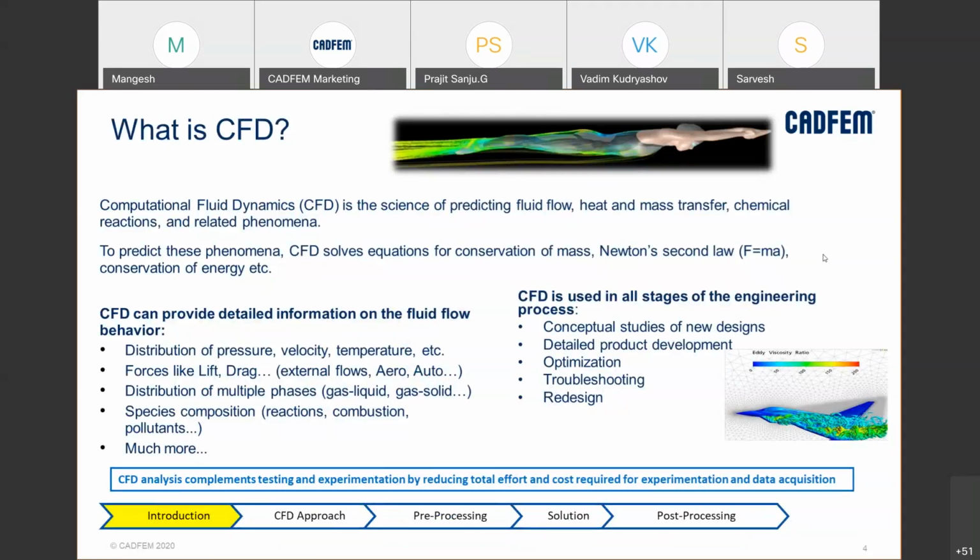Depending on the kind of physics we are trying to solve, the number of equations and the kind of boundary conditions or information we have to input change, and depending on the kind of information we are looking for, we can decide the kind of simulation to go for.